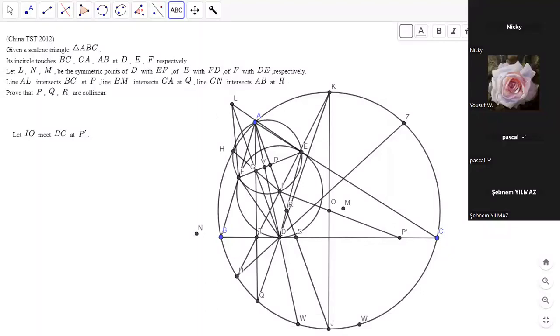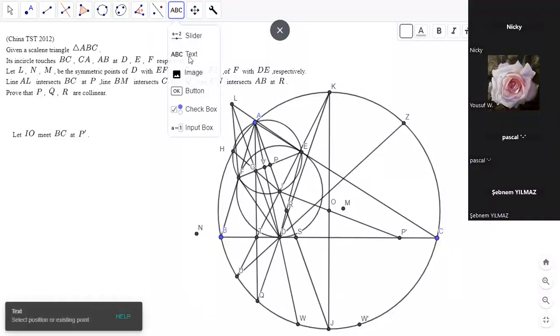Okay, so basically we want to let KI meet BC at T prime. Now I'm confused. So okay, we projected KOJ through I, projecting through I onto BC.